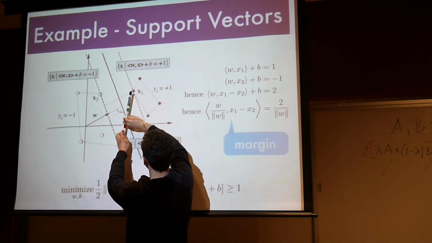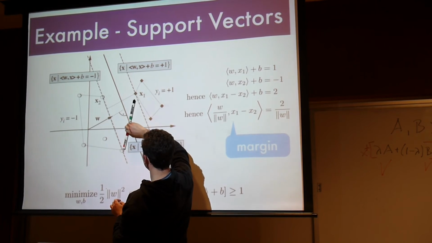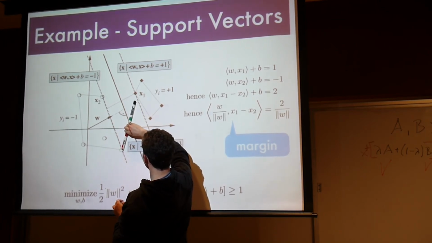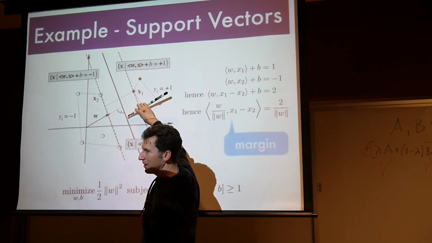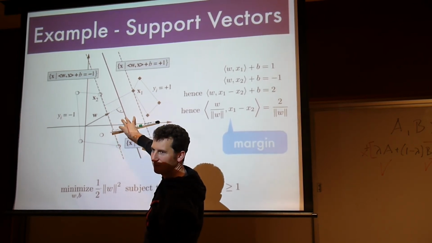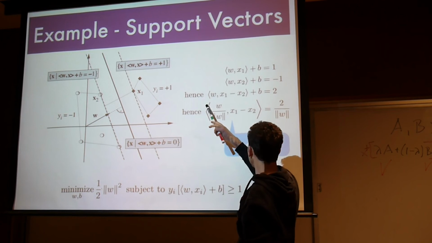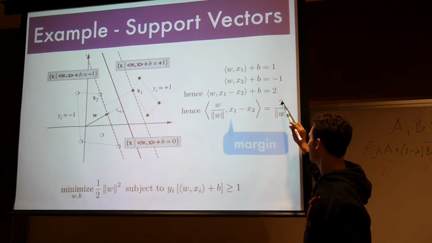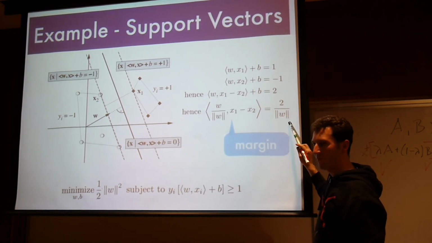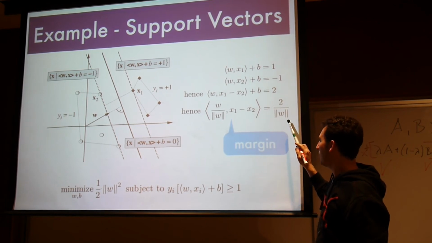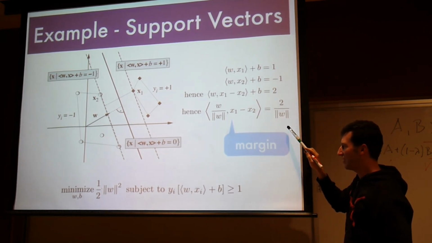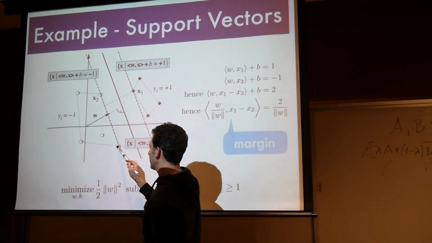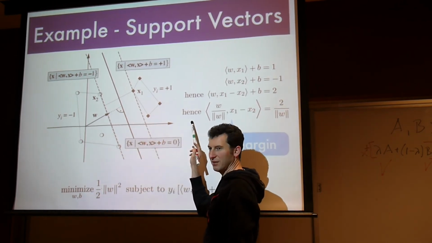So I basically take that distance vector, x1 minus x2, take its inner product with the unit vector normal to the hyperplane, and that's the size of the margin. Right? That gives me 2 over the norm of w. So in other words, I want to maximize 2 over the norm of w under the constraint that all the negatives stay on the left and all the positives stay on the right.